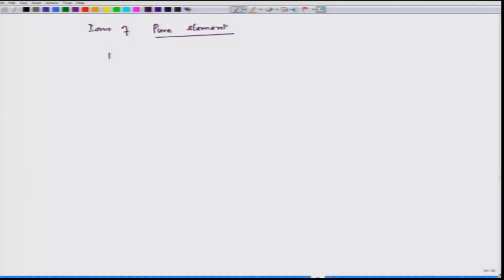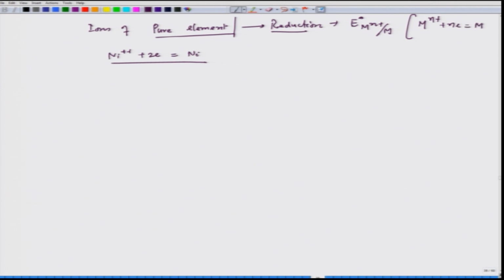So, for example, if I consider Ni plus plus plus 2e equal to Ni, this reduction process, we consider the reduction of ions of pure element and then try to find out E0 M n plus/M. So, the reaction would be M n plus plus ne equal to M, where M is nothing but the pure element.